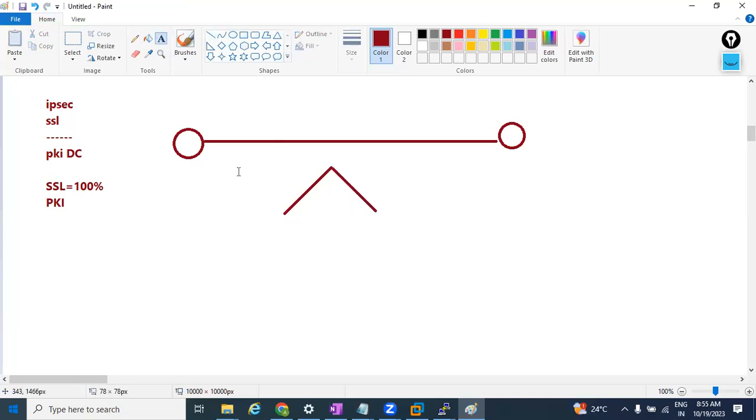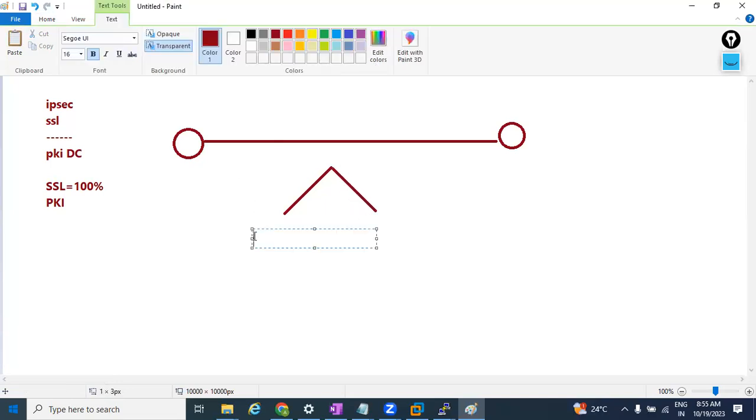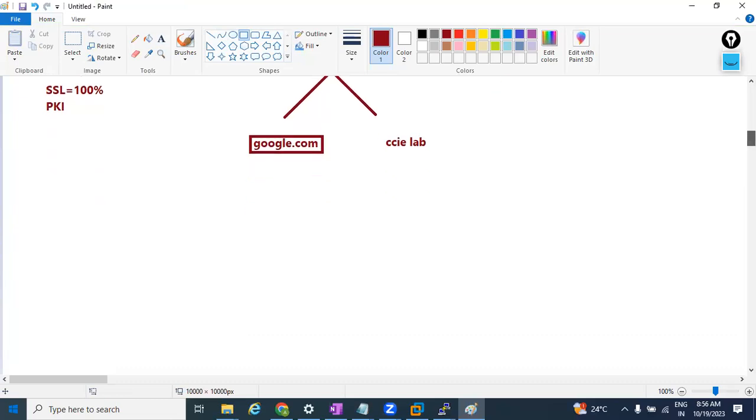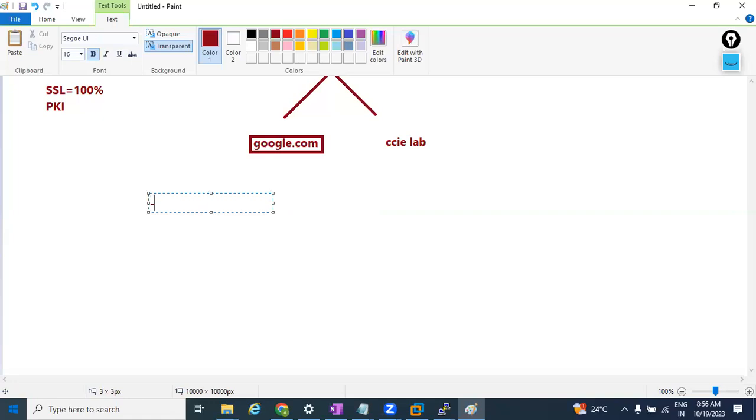I have to explain this concept in two ways. One is a normal daily-life example, like google.com. And second, I'll explain it as in a CCIE lab. First I'll start with google.com.